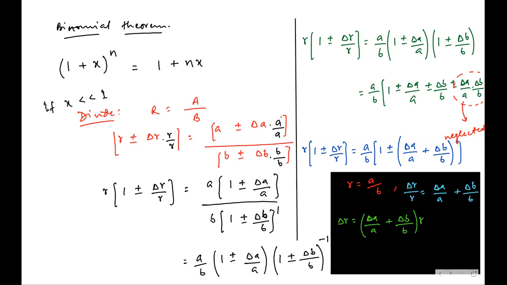And next, if you want to calculate percentage error, just multiply this by 100. So it will be delta R by R into 100 is equal to delta A by A into 100 plus delta B by B into 100.